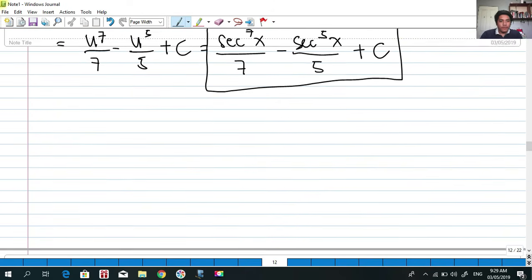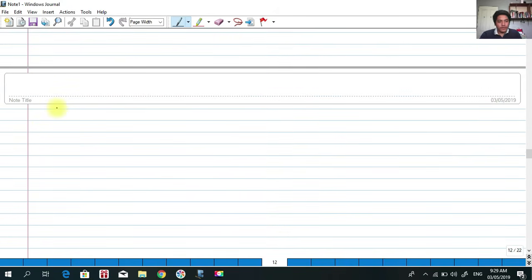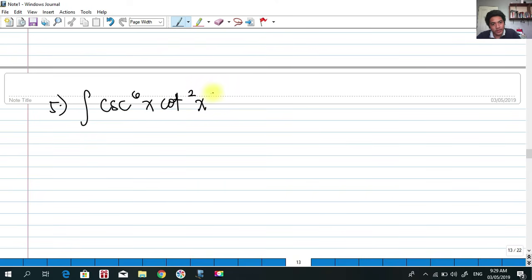So for problem number 5, we have to get the integral of cosecant raised to 6 of x times cotangent squared of x dx.